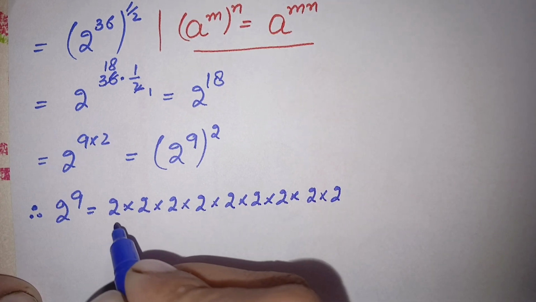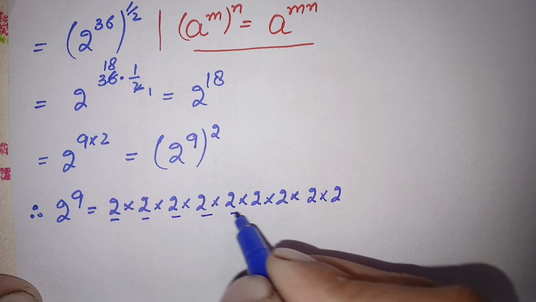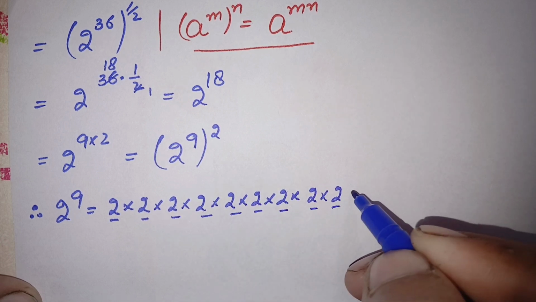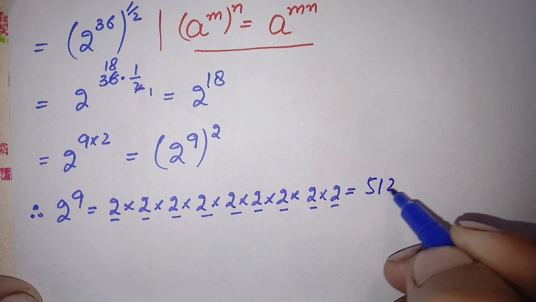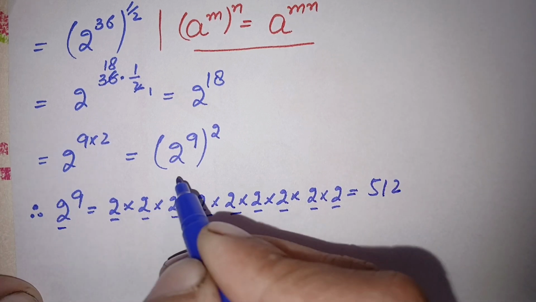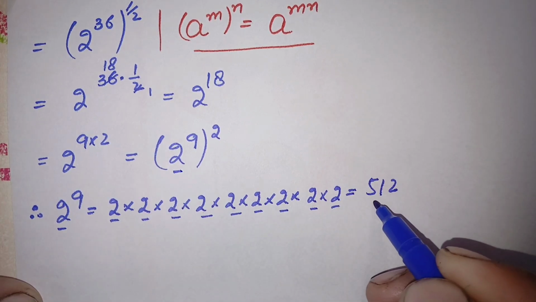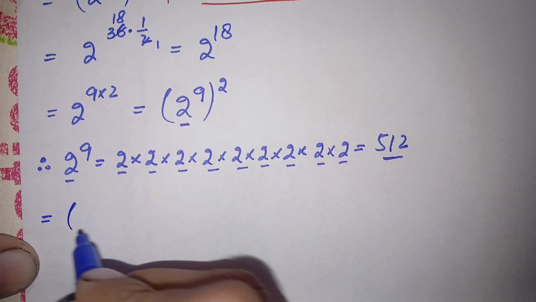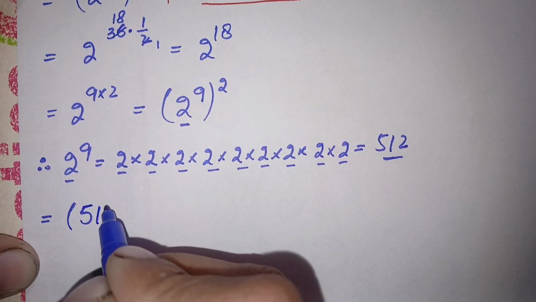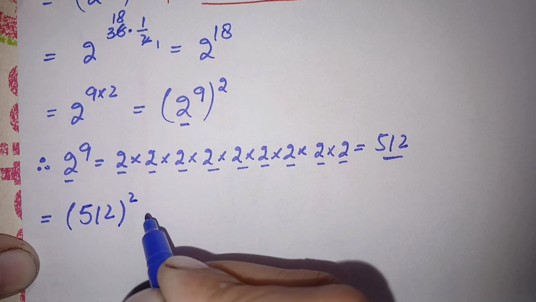So let's count the 2: 1, 2, 3, 4, 5, 6, 7, 8, 9. So multiplying 2 nine times gives us 512. So here we will replace this number 2 raised to power 9 with 512. So this will become 512 whole square.